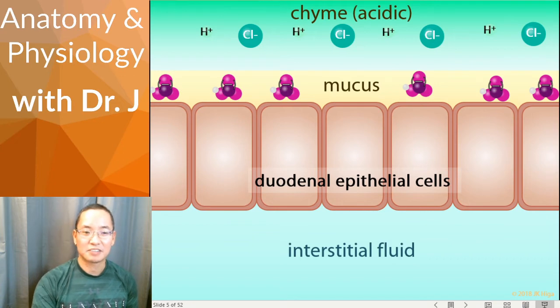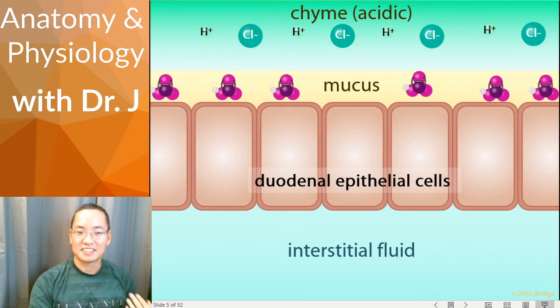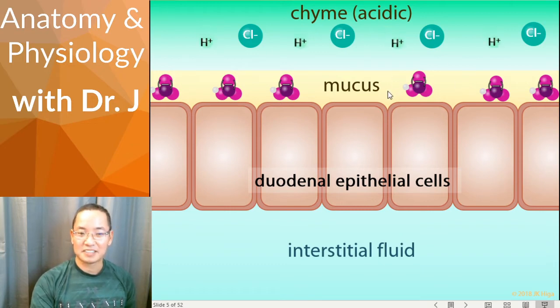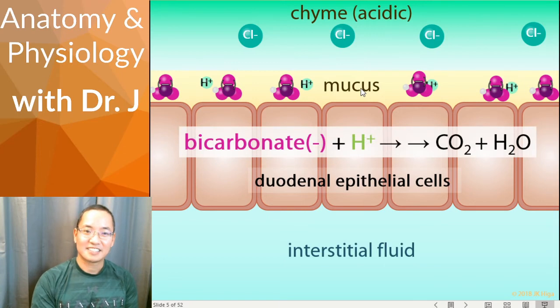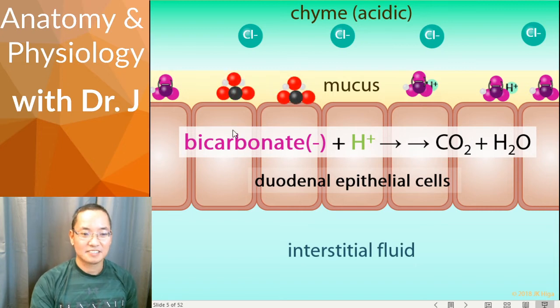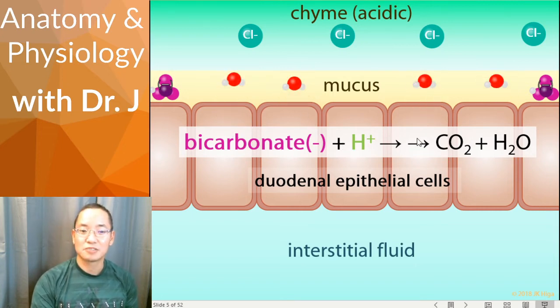This is how you're able to neutralize acid in the chyme. Chyme doesn't stay acidic all throughout your small intestine. All this bicarbonate helps neutralize the digestive food so that it becomes less acidic as it travels further through your intestines. Bicarbonate reacts with acid to neutralize it, generating relatively harmless carbon dioxide and water.